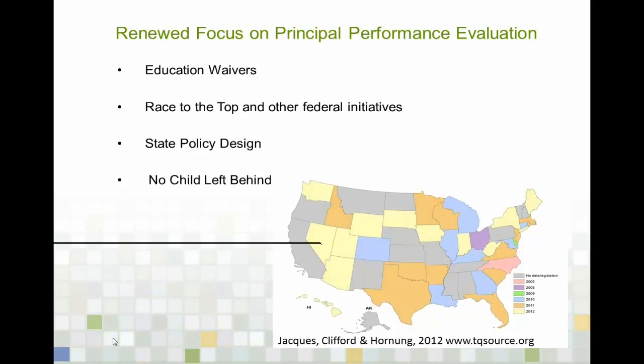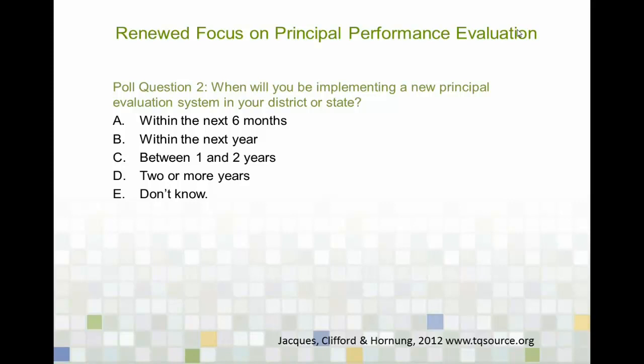But what it shows, I think, is that 34 states have recently, as of 2005, passed some legislation that relates to principal evaluation design changes. 23 of those states will be moving forward with changes in principal evaluation within the next 3 to 4 years. So if you're in a state, you may not be alone in feeling the pressure to make changes to principal evaluation design. So here's a question for you.